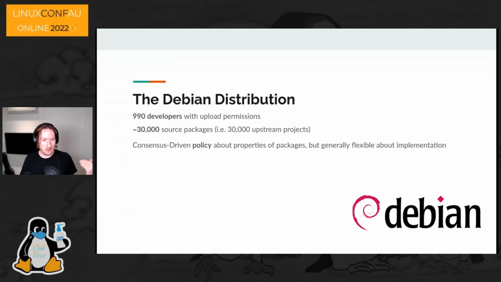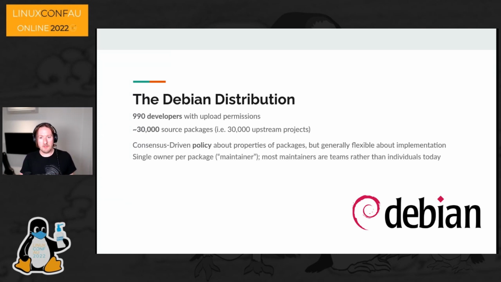So maybe the shape of a binary package is particularly well documented. You can use many different tools on the build side to achieve that. So it's not very well dictated exactly how you should do that implementation. And then, of course, there are many tools available that can do the same thing.